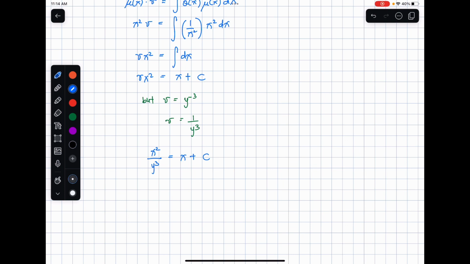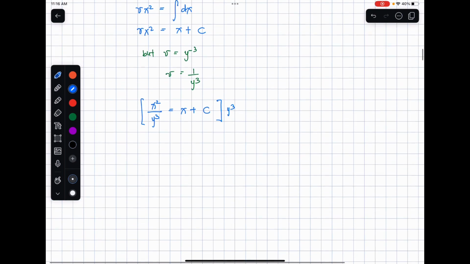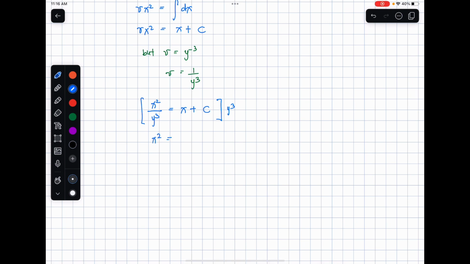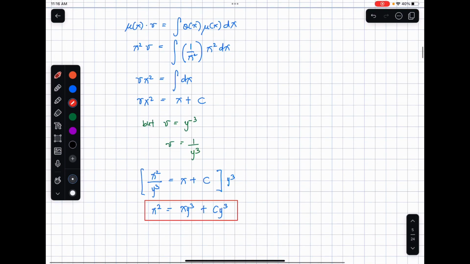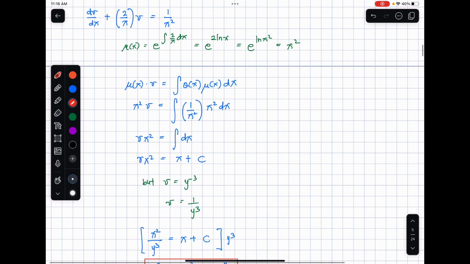We can now multiply everything by y cubed to make this x squared is equal to xy cubed plus cy cubed. So for our final answer, x squared is equal to xy cubed plus cy cubed. This is the general solution for the given Bernoulli's equation.